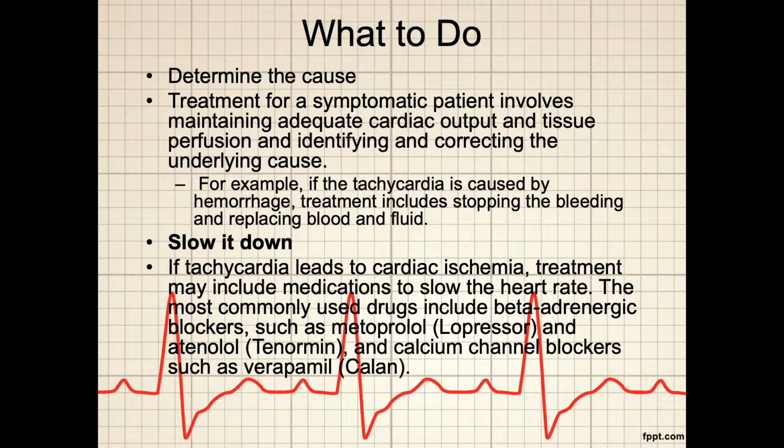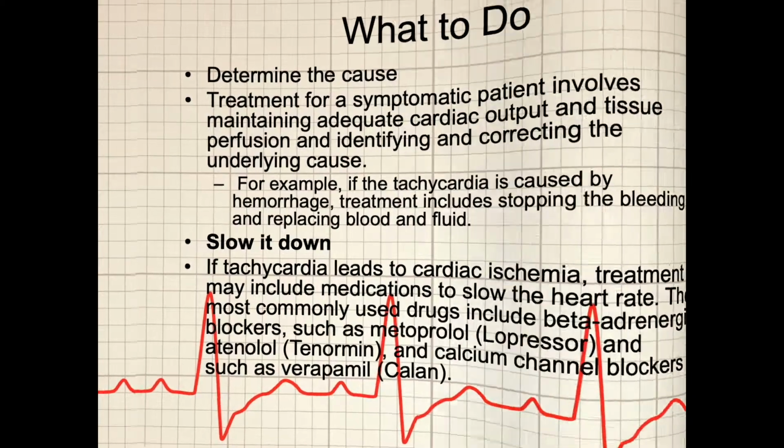So, slow the heart rate down, particularly if the tachycardia is leading to cardiac ischemia. The treatment plan may include medications to slow down the heart rate. The most commonly used drugs to do so include beta-adrenergic blockers such as metoprolol and atenolol, and calcium channel blockers such as verapamil. The nurse should also check the medication history.